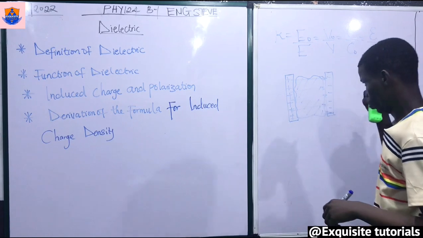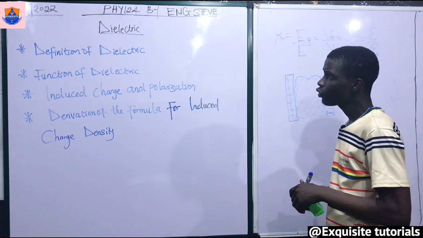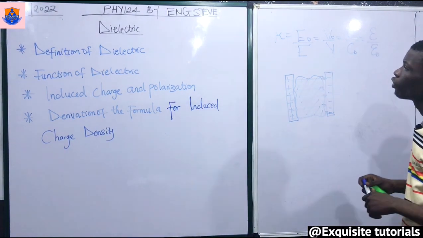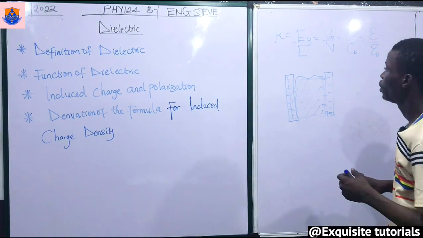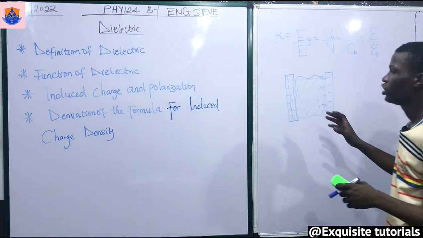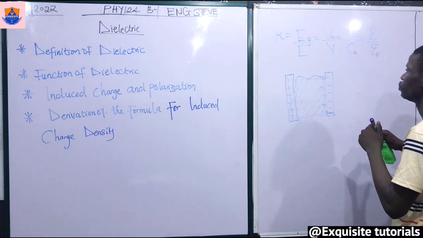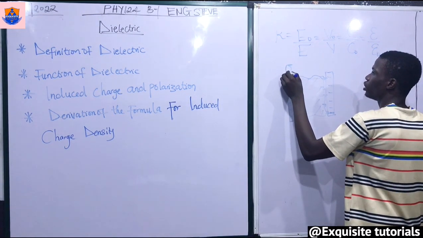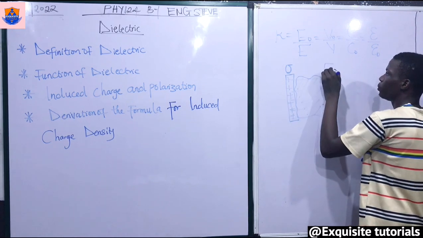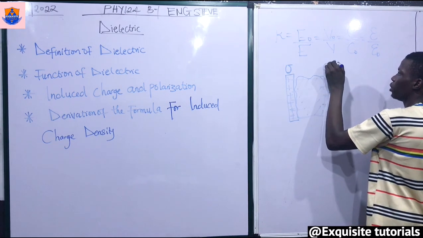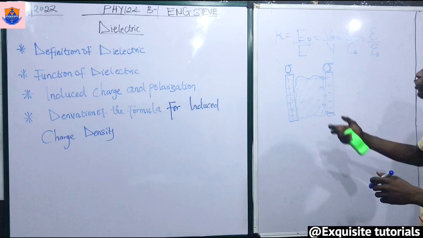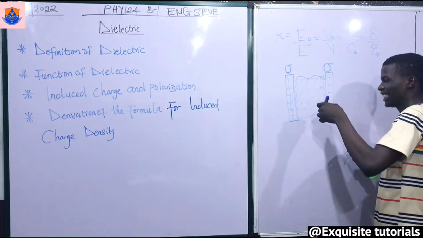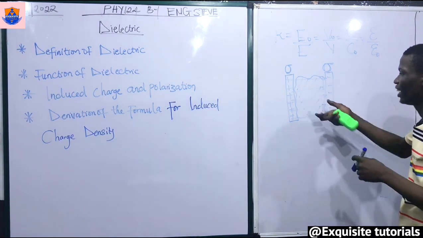From there, the induced charge is produced as a result of the redistribution of the positive and negative charge between the two terminals of the plate when in the presence of a dielectric material.